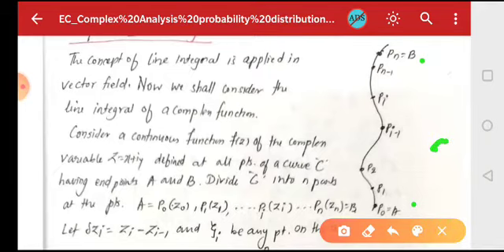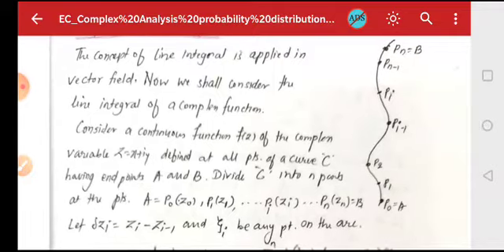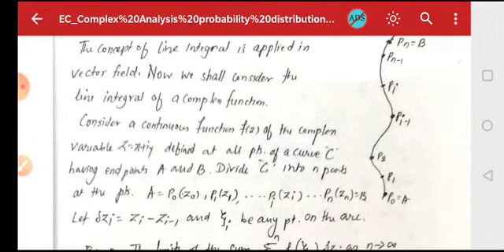So what we need to do is consider a continuous function f(z) of the complex variable z equals x plus iy, defined at all the points of a curve C having the endpoints A and B. Now we need to divide this curve into n parts at the points.